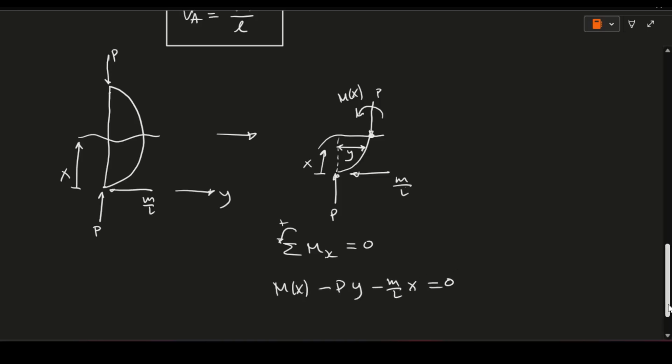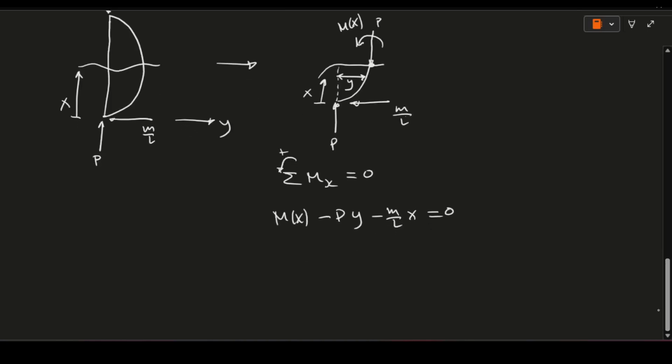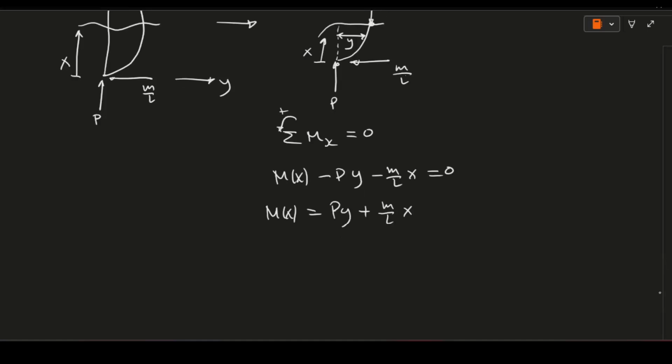This should be equal to 0. Solve this for M of x. So M of x is then equal to Py plus M over L times x. So now we have an expression for the moment.